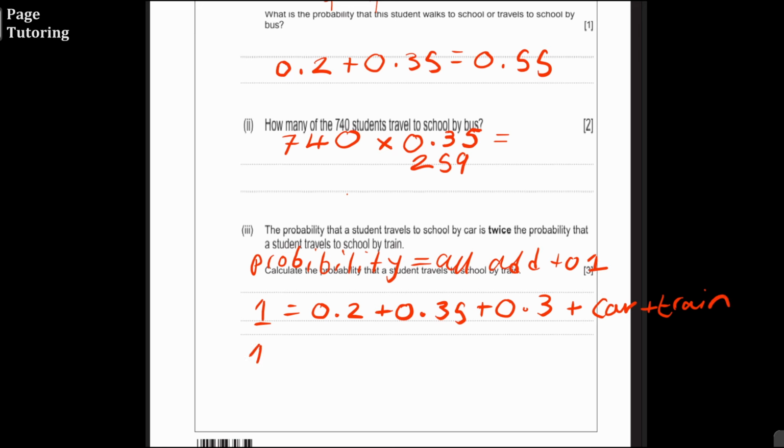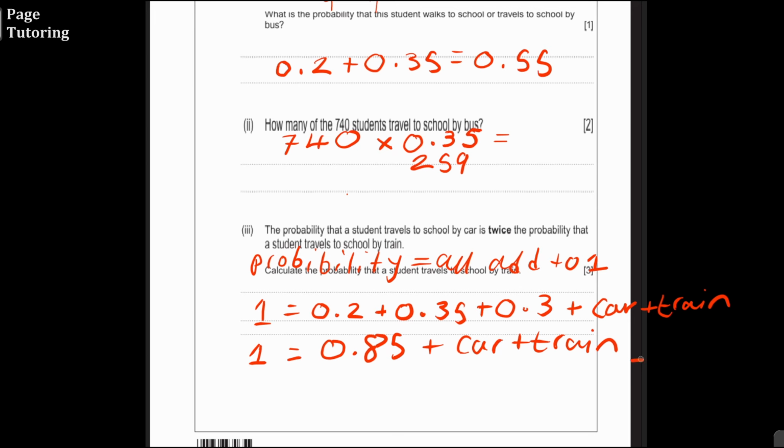So we can now write that out. So we're going to add up the values that we already have. So that adds up to 0.85 plus car plus train. So 0.85 plus these two unknowns would equal to 1.